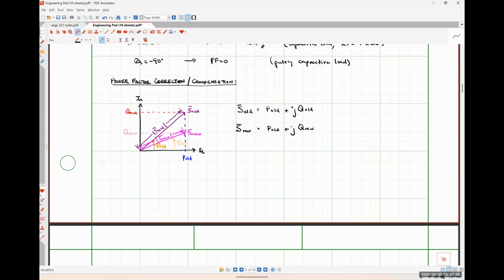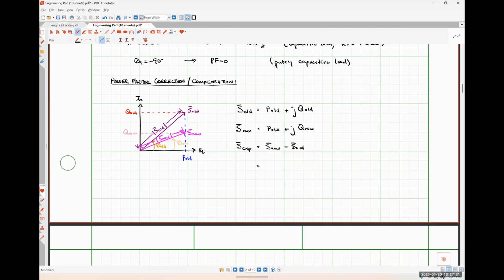So our capacitor is what's making this transition occur, okay? So we could say that the complex power that is provided by our capacitor, and I'm calculating this as an absorbed power, I want to be clear about that, is simply going to be the difference of S new minus S old.